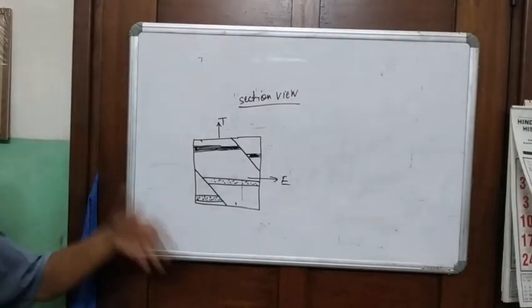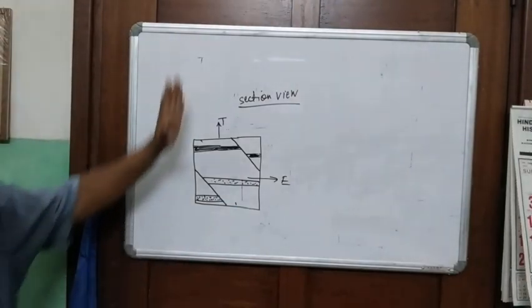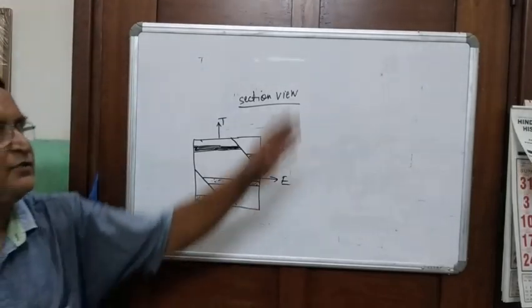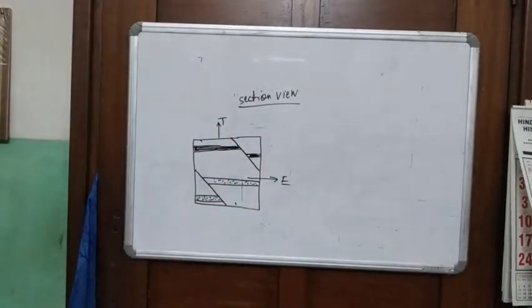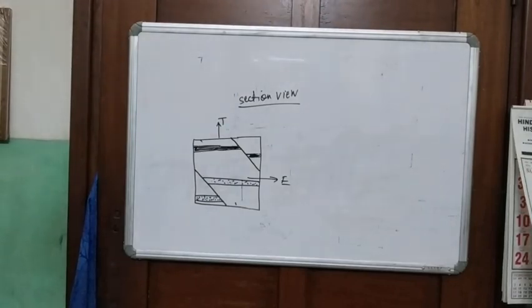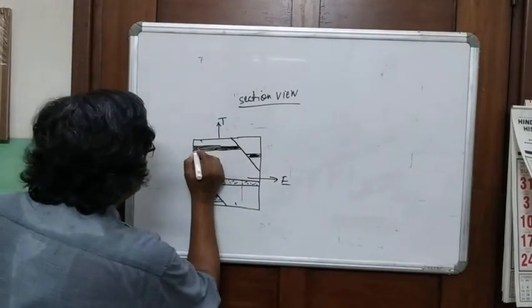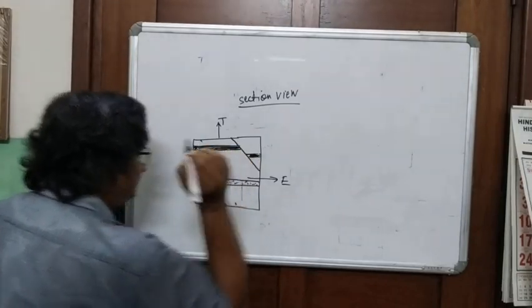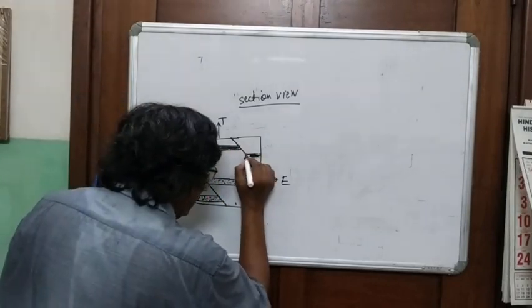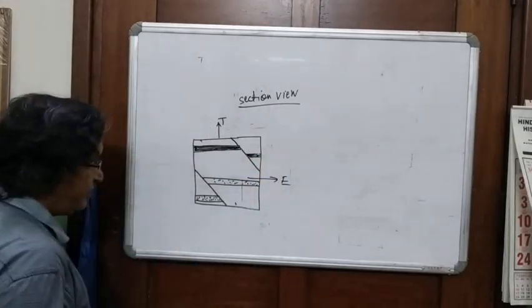I have drawn a section. This is the top view. And maybe at the cliff of a hill, I see this. What do I see? This layer, you see here, this is a particular layer. And the same layer is displaced here.